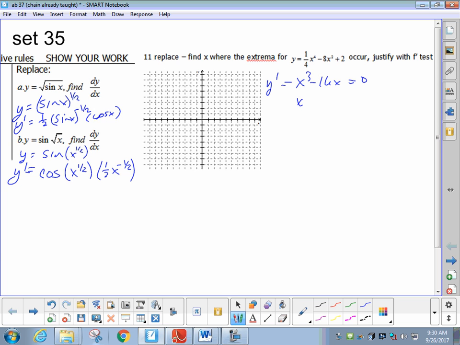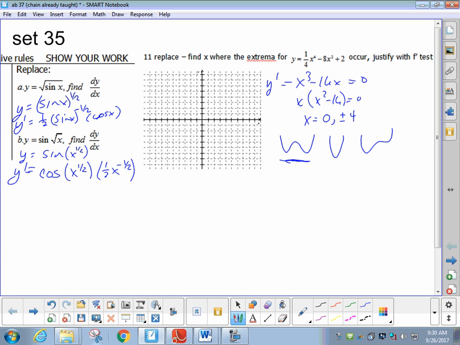To find the critical numbers, I will set the derivative equal to 0, and I get critical numbers of 0 and plus or minus 4. Yeah? All right. Shape knowledge tells me it could look like this, but the fact that I have 3 horizontal tangents tells me it's probably this one.